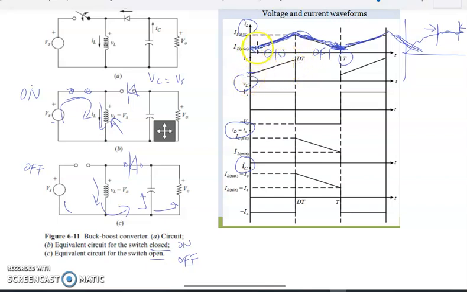The source current starts with the minimum current flowing into the system and rises up to the maximum, IL max. During the switch off, the current stops being supplied, so we maintain it at 0 until another cycle starts. So it starts from the minimum up to the maximum and then turns to 0.